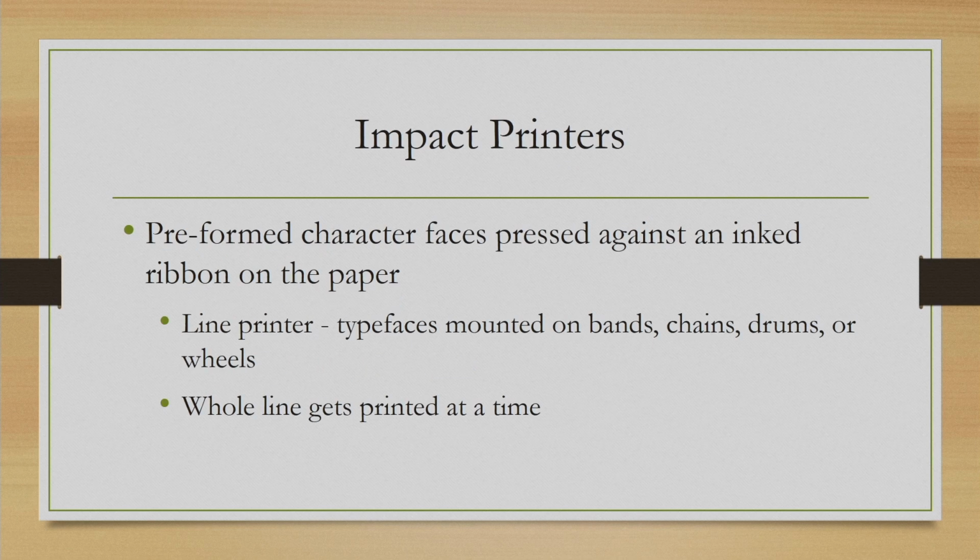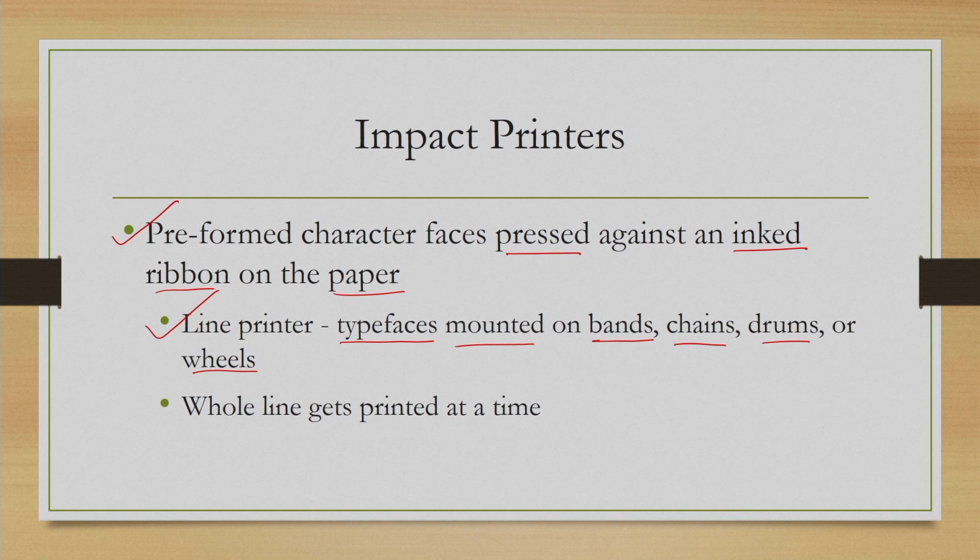Now, in case of impact printers, there are pre-formed character faces pressed against an inked ribbon on the paper. Example is line printer, where typefaces mounted on a band or chain or drums or wheels are used, and these typefaces are pressed against an inked ribbon on the paper.